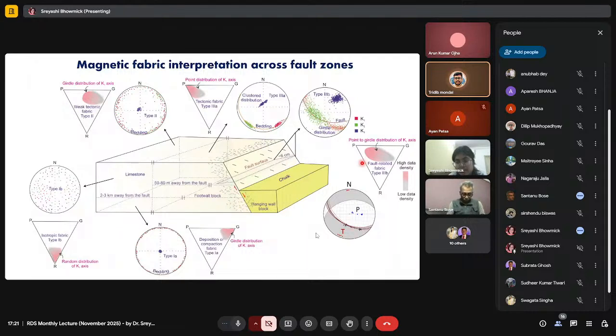And as Sreyashi pointed out, the fault zone is how much in kilometers? 10 kilometers, but this segment, so there could be local variations, definitely. I mean, definitely the strike would not be the same, and when the strike changes, the same thing will deviate from the average.